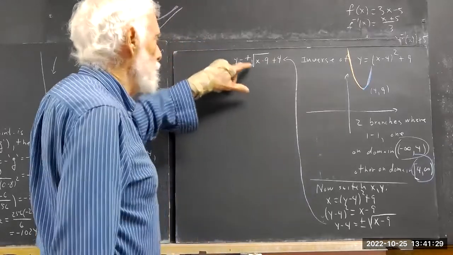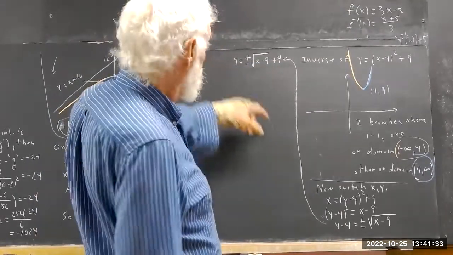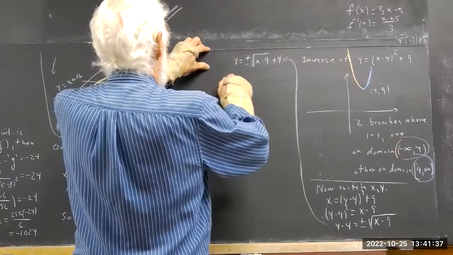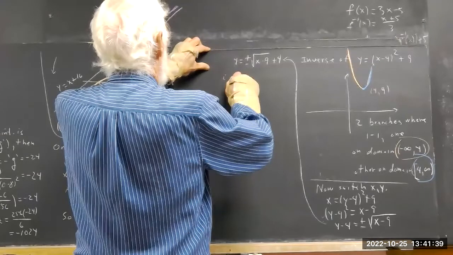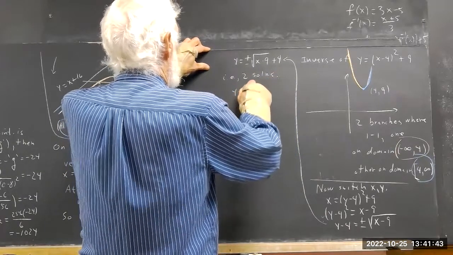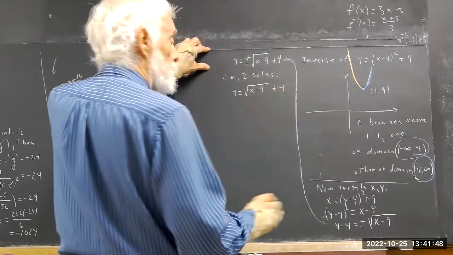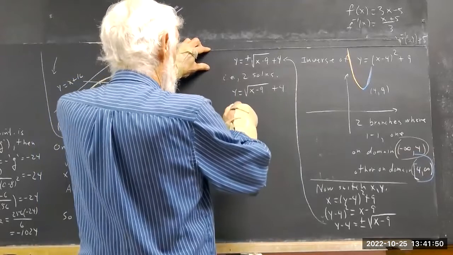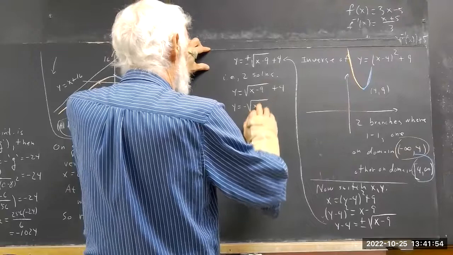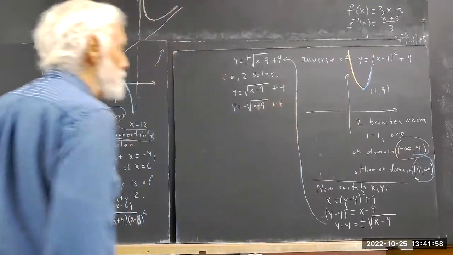Okay, so y is going to be plus or minus the square root of x minus 9, plus 4. But y can't equal both plus and minus. We have 2 solutions. y equals the square root of x minus 9 plus 4. y equals the negative square root of x minus 9 plus 4.